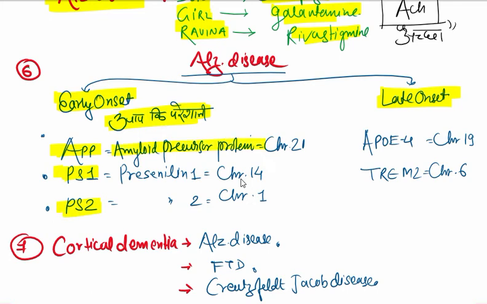Amyloid precursor protein, chromosome 21. Presenilin 1, chromosome 14, and presenilin 2, chromosome 1. Late onset is ApoE4, which is on chromosome 19, and TREM2 on chromosome 6.